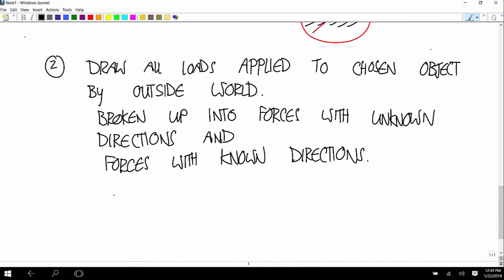So if you have forces with unknown directions, I'll make this 2A.